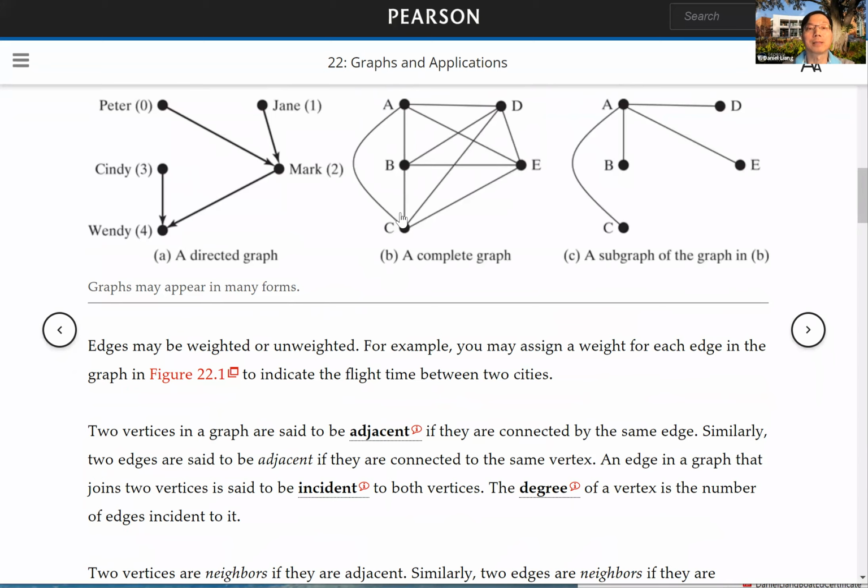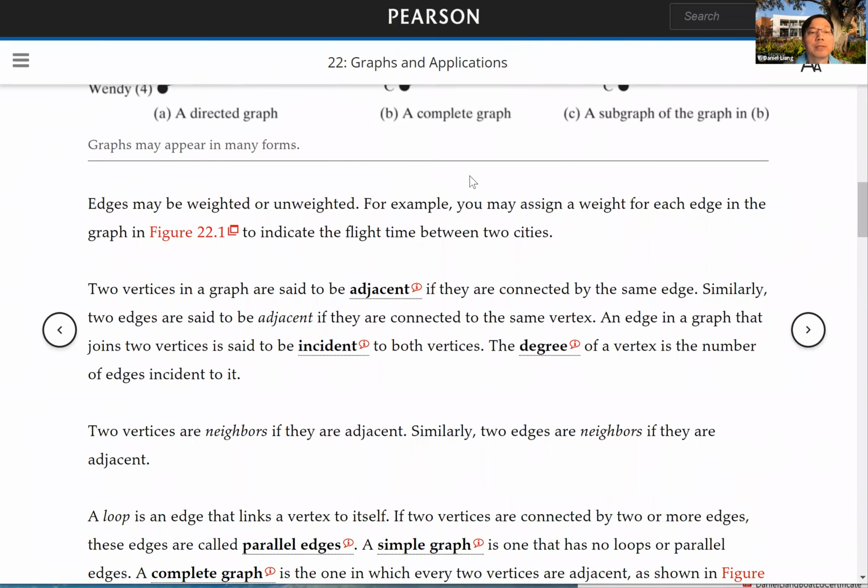So here, AC and AD, these two edges are adjacent, and they're connected by the same vertex, A. An edge in a graph that joins two vertices is said to be incident to both vertices. The degree of a vertex is the number of edges incident to the vertex. Two vertices are neighbors if they are adjacent. Similarly, two edges are neighbors if they are adjacent.